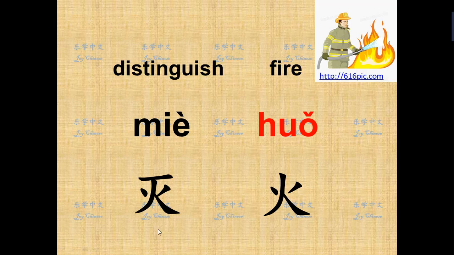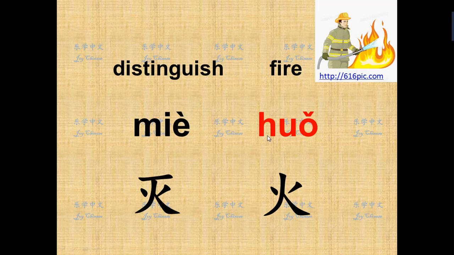Here is a familiar character we learned in the previous video, 灭. At that time I explained that the bottom part is fire, and when you put a stroke on the top of fire, it means extinguish. So here is the character for fire.